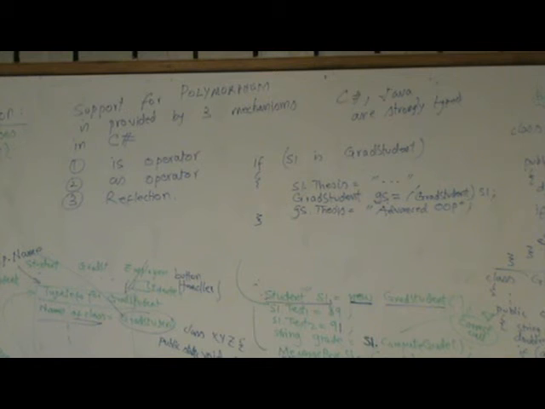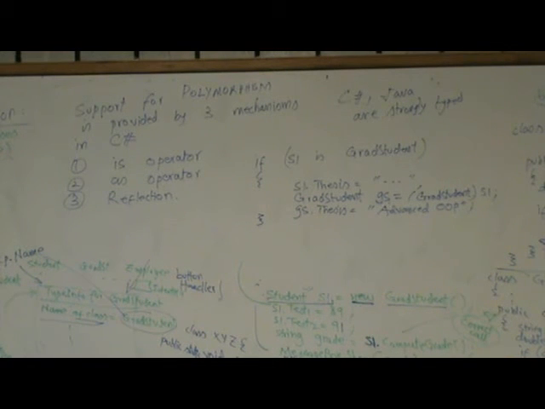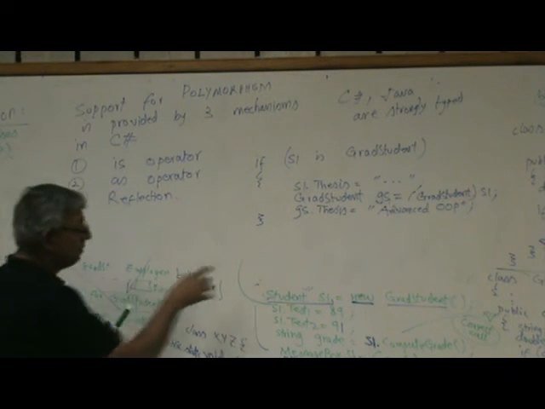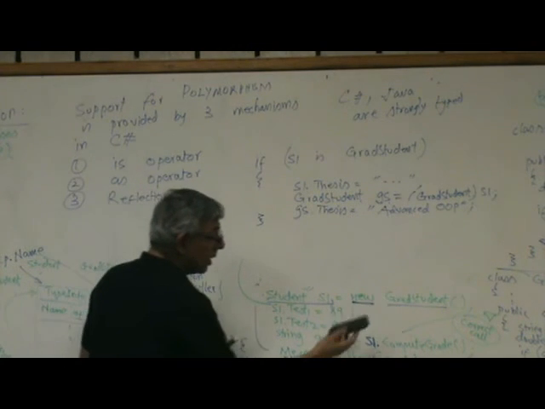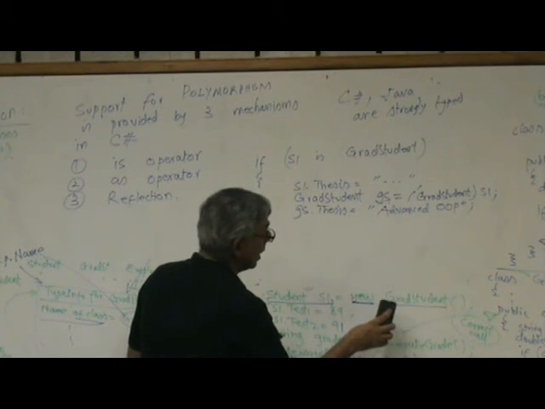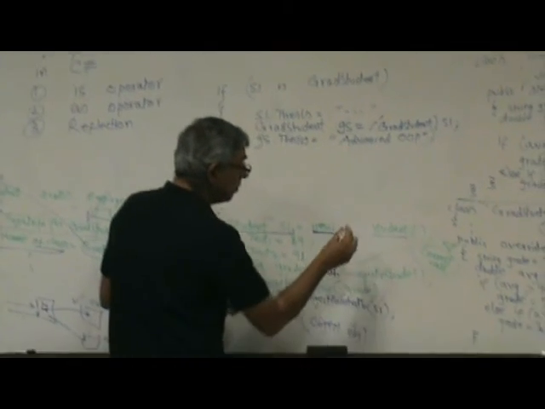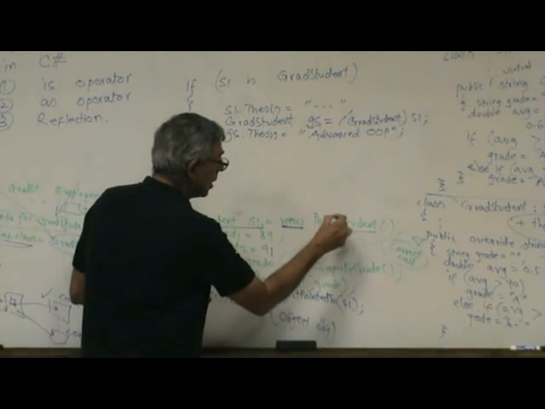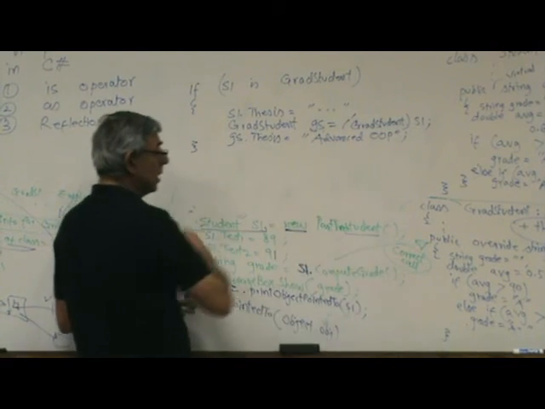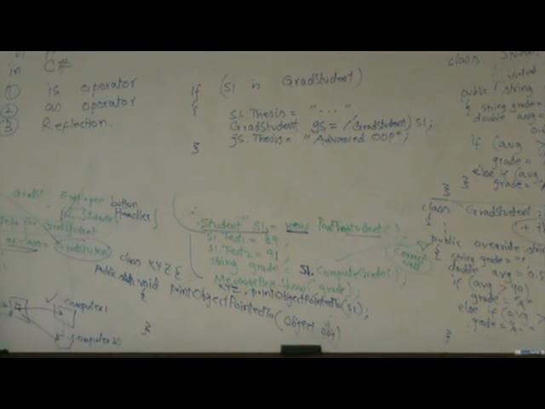But the problem would be, what if, for example, somebody before calling this code said something like new PartTimeStudent. Pretend PartTimeStudent is also derived from Student.